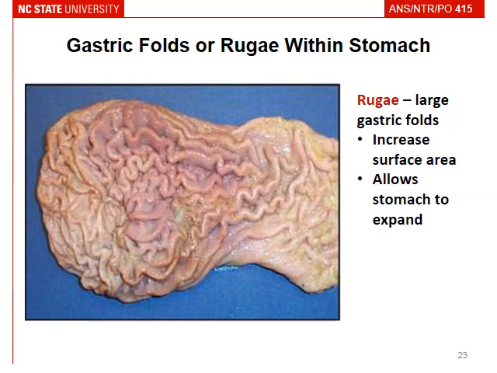Everybody just got back from Christmas break, having holiday food, and many times you end up overeating. Without these rugae, we would not be able to cram as much delicious holiday food in us. So they're increasing the surface area, and also what allows the expansion of the stomach.